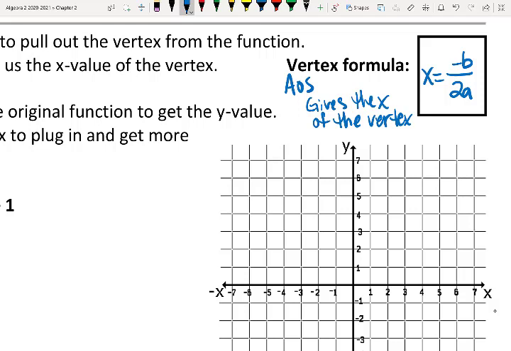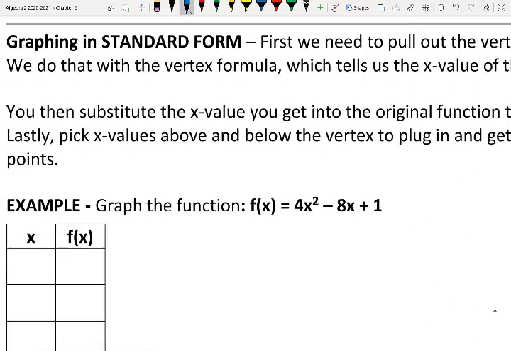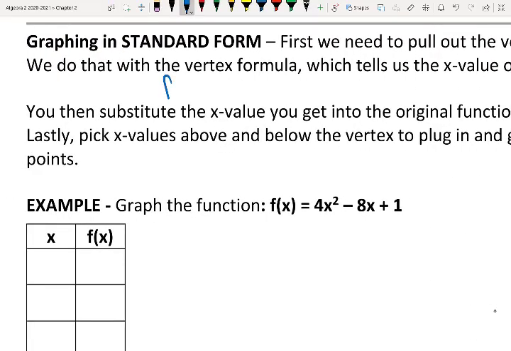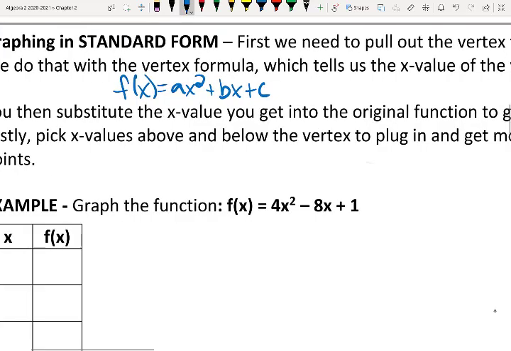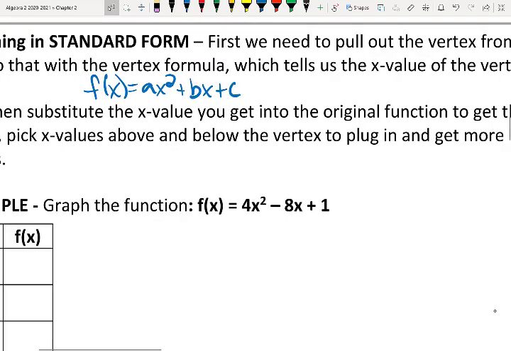So in this case, a, b, and c, we know that's in standard form. So we know in standard form it was f of x equals ax squared plus bx plus c. So now in the graph that I'm looking at here, 4x squared minus 8x plus 1, if I'm going to do x equals negative b over 2a, that's negative 8, which is a positive 8, over 2 times 4, which is 8.